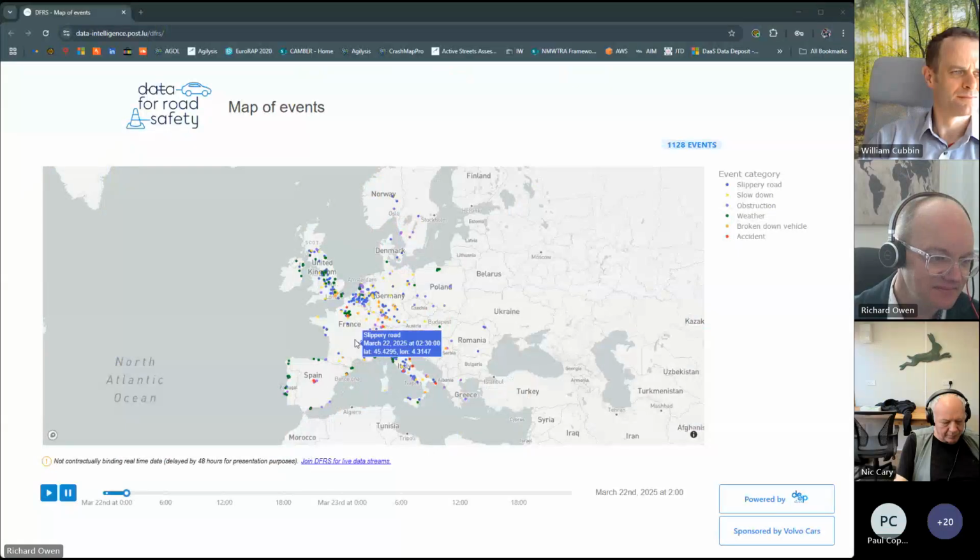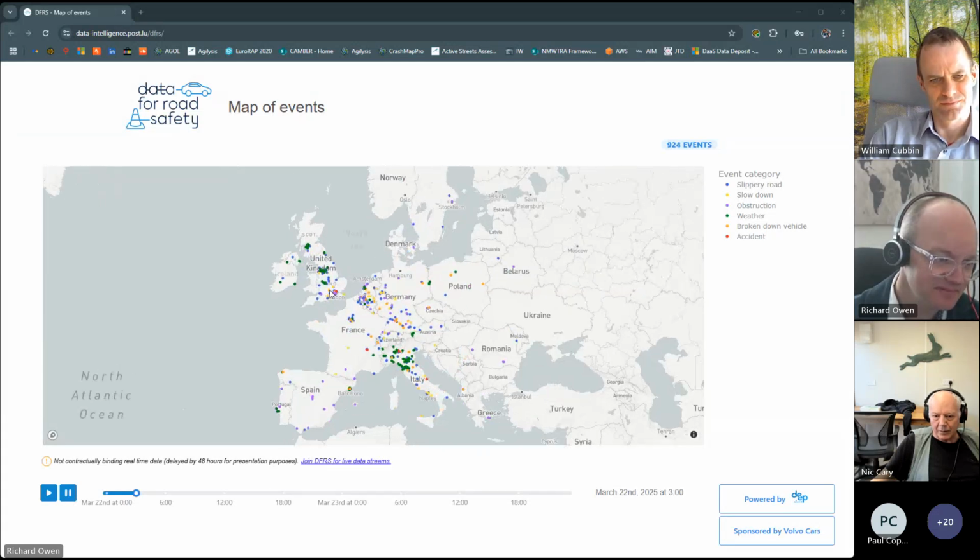But I'm not sure whether it's a good example or a bad example. What I thought was interesting is the dynamic element of it. So this is a European project, Data for Road Safety. One of my colleagues is involved in this. This is just a demonstration; if you're part of it, you get the real data behind it.